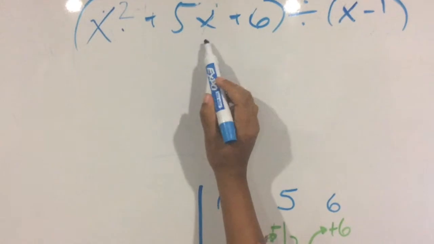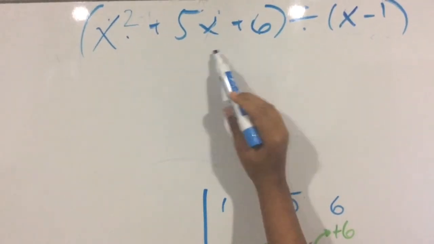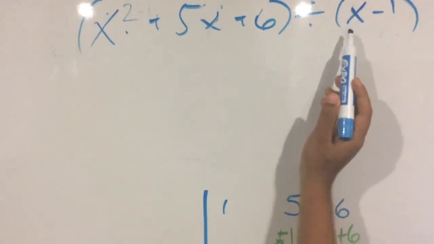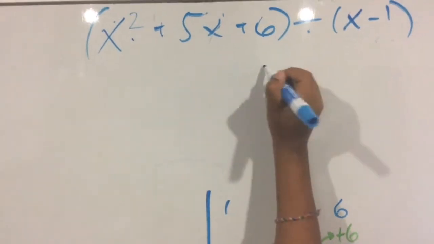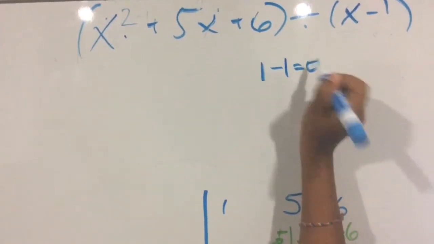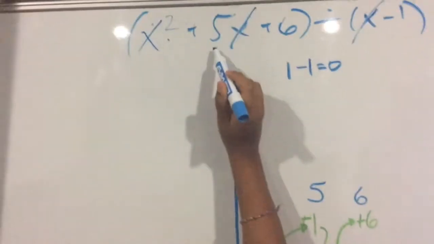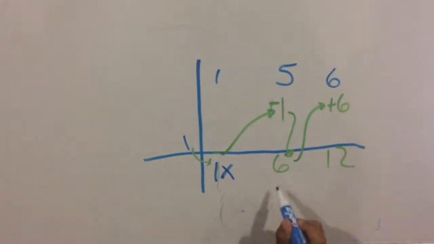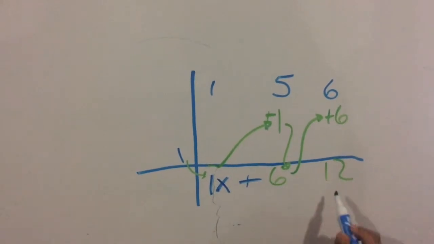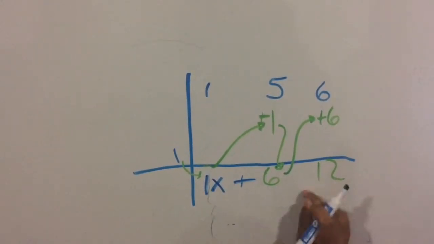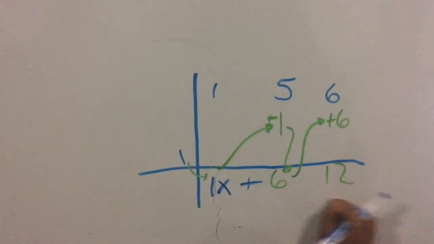Now, we look at the second coefficient and its variable. The x here would be 1 minus 1, which is 0. So the x here is canceled out, and all we're left with is the coefficient, which would be plus 6. And the last number will always be the remainder.